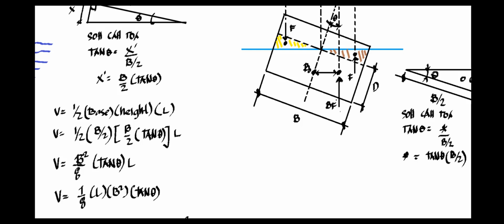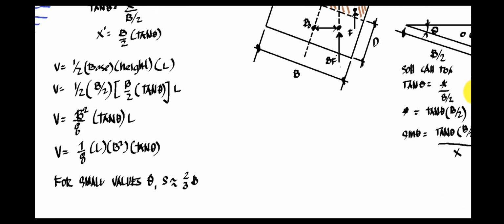Then for the hypotenuse, we have here your adjacent, and we have now the sine of theta. So your opposite, which is equal to the tangent of theta times B over 2, is divided by our hypotenuse value.